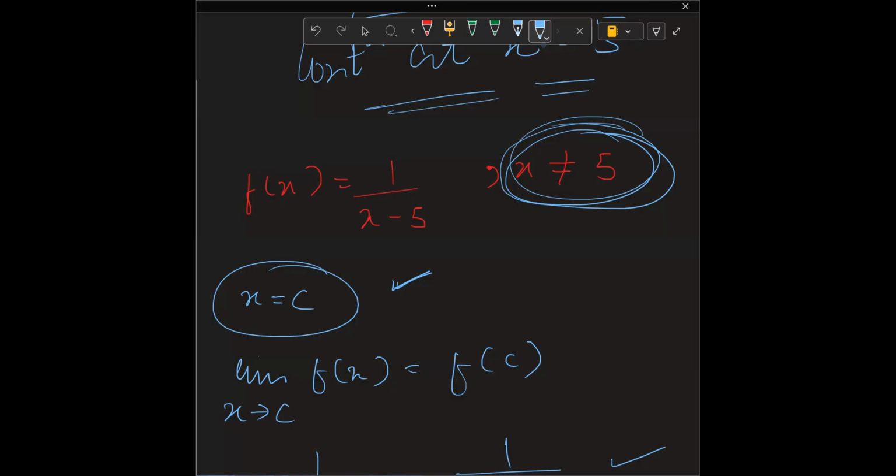So my question is, why is this given? Why can we not take x equals 5? Because that variable x itself is not equal to 5. I mean, instead of taking x, we are taking c.